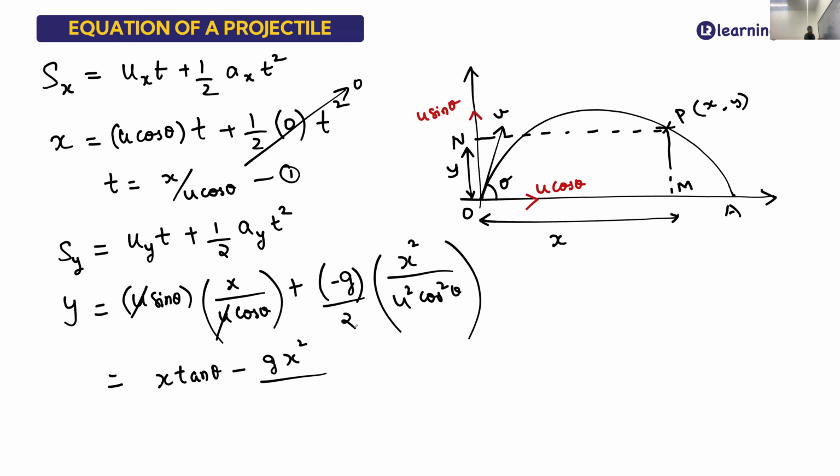So half into minus g into x square divided by u square cos square theta. So this is going to give us 2 times u square cos square theta. And what is this expression? It is y.